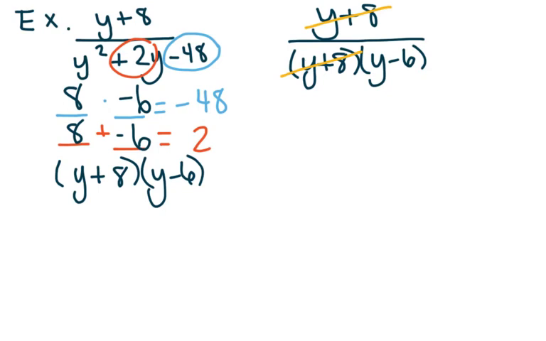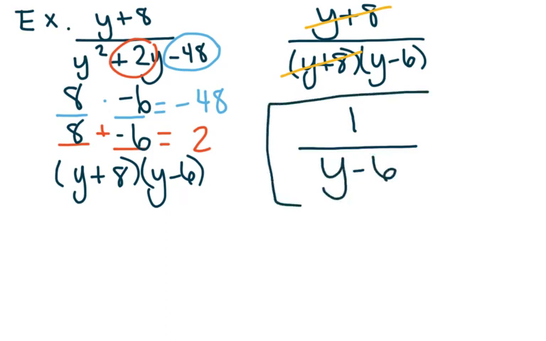And then just remember that there is not a 0 on top. It's kind of like dividing y plus 8 by y plus 8. And if you'll think about that, that's actually a 1 on top, and then a y minus 6 on the bottom. So that is my simplified answer.